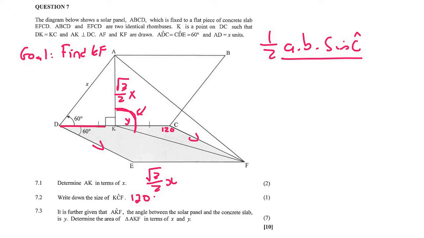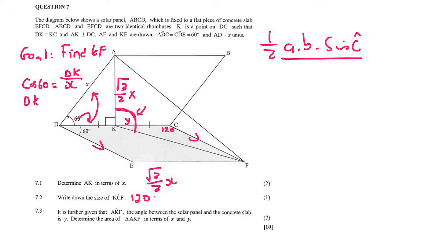So we could use this triangle here, or this triangle, and we could try find the length of DK or KD. I'm going to use the normal sin, cos, tan because it's a 90 degree. So I'm going to say adjacent and hypotenuse. So I'm going to say cos 60 equals the adjacent, which is DK, over the hypotenuse.